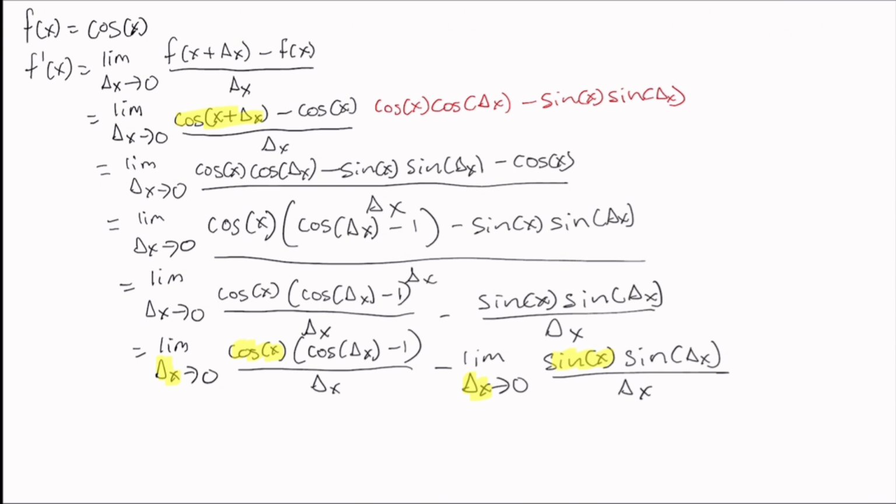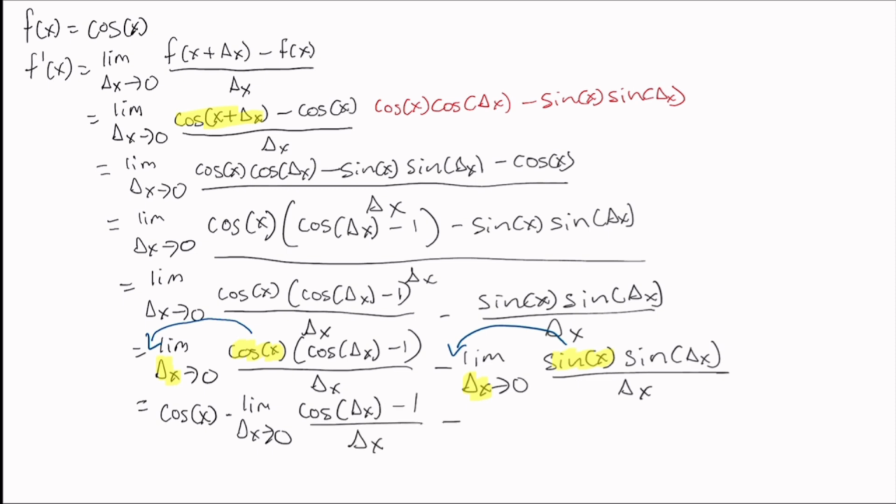What I mean by that is we can take these outside the limit and rewrite it as cosine of x times the limit as delta x approaches 0 of cosine of delta x minus 1 over delta x, minus sine of x times the limit as delta x approaches 0 of sine of delta x over delta x.